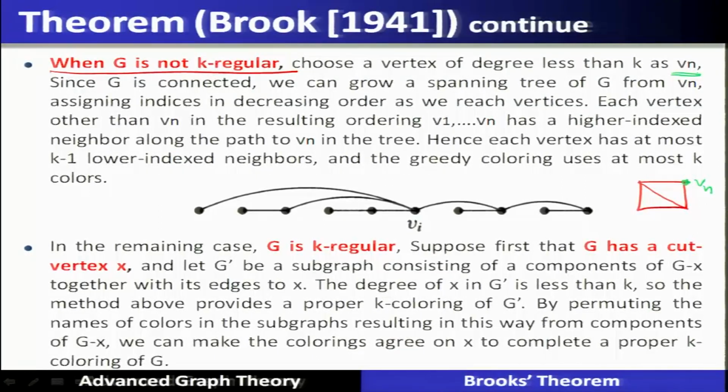Now since this particular graph is connected, we grow a spanning tree of G from Vn. Let us draw a spanning tree. Assign the indices in decreasing order as we reach the vertices. So it is Vn. Let us say Vn minus 1, and this is Vn minus 2, and this is Vn minus 3. Let us call it 1, this is 2, this is 3, and this is n.